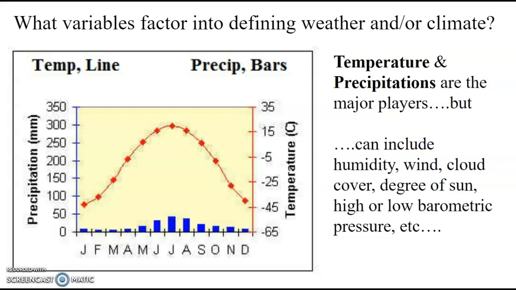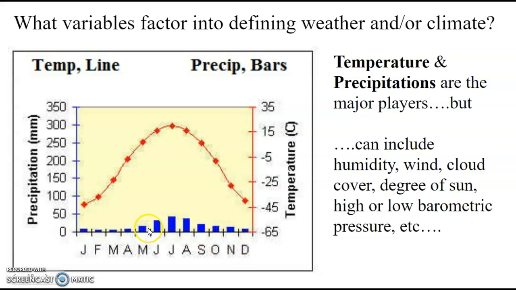This is what's known as a climate graph or a climatogram, and it shows the average January, February, March, April, May, June, July, August, September, October, November, December, average monthly temperature and precipitation.